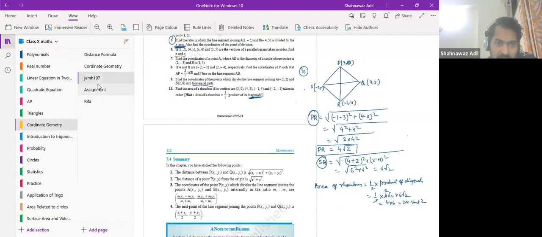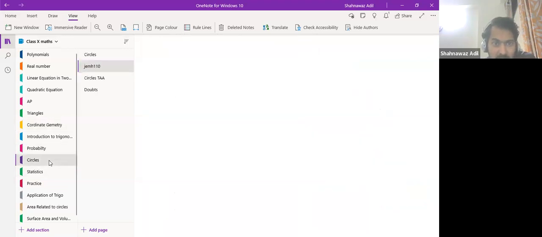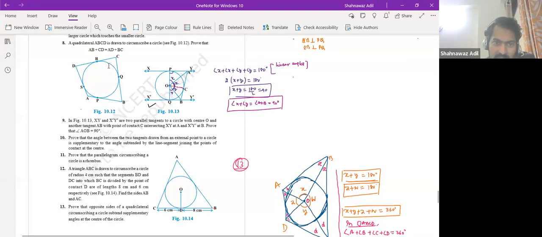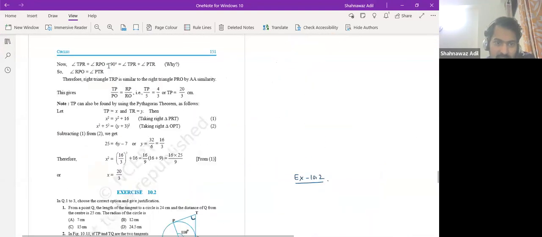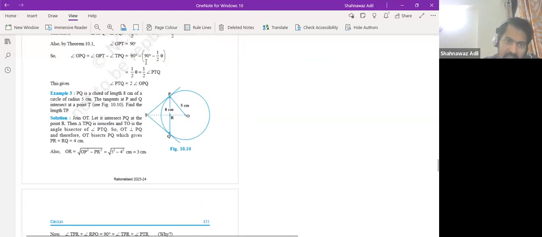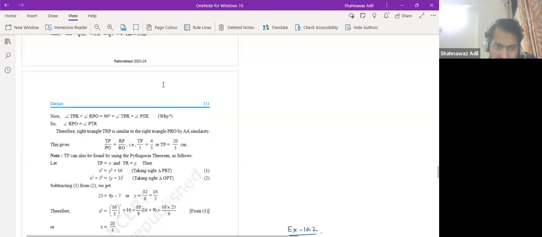Sir, can you just tell the important questions from NCERT circles? Circles, yeah, so in circles from NCERT, but don't rely on them solely, right? Because, yes, sir. So in my point of view, this question, which exercise?